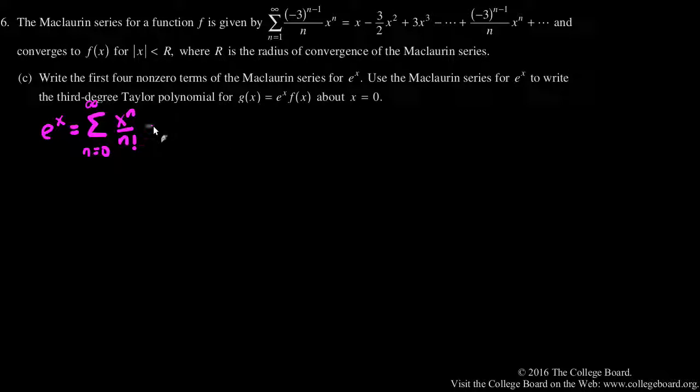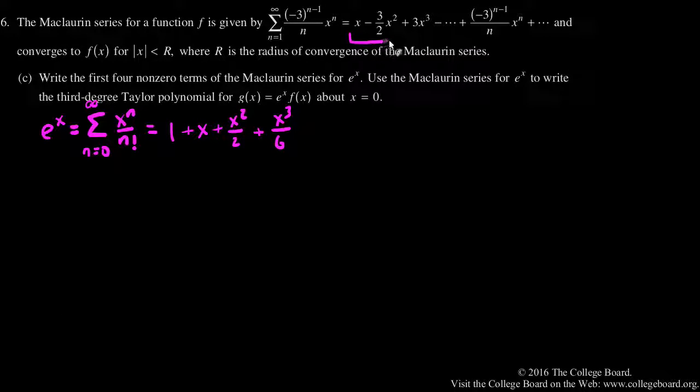That means the first four terms, which is the third degree Maclaurin polynomial, are x to the 0 over 0 factorial, which is 1, x to the first over 1 factorial, x squared over 2 factorial, which is x squared over 2, and x cubed over 3 factorial, which is x cubed over 6. So this is the third degree Maclaurin polynomial for e to the x.